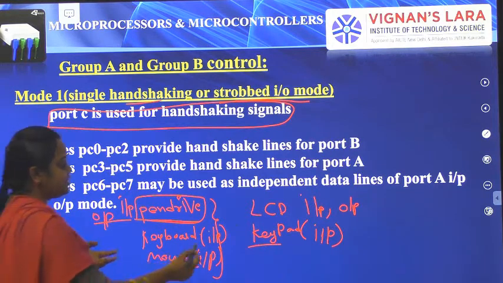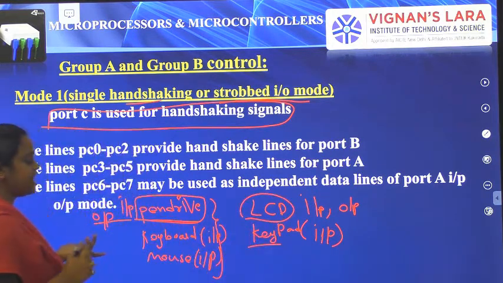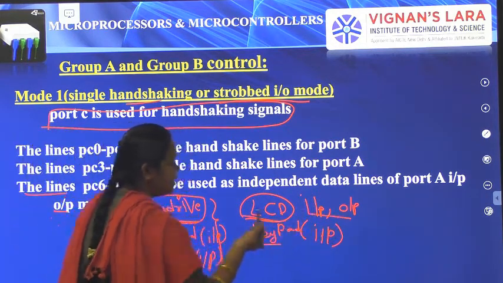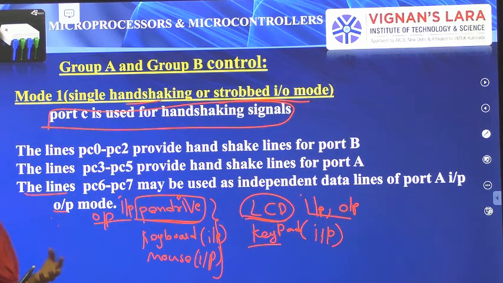For example, with the LCD we give inputs by touching the board, and it gives an output like this dot. I'm drawing this using the LCD as input, and it displays that line. That means it also acts as an output. At one time the LCD acts as an input, and at another time the LCD acts as an output.